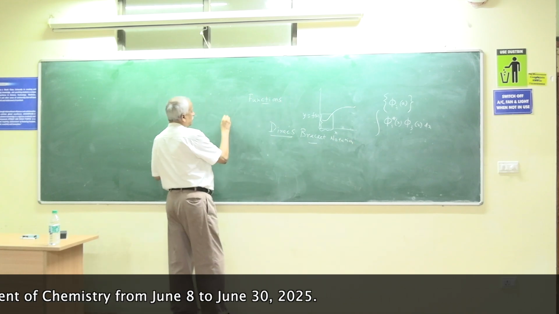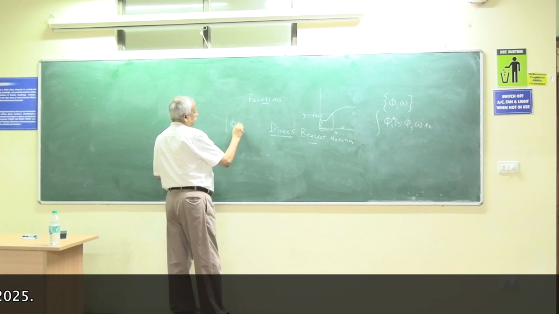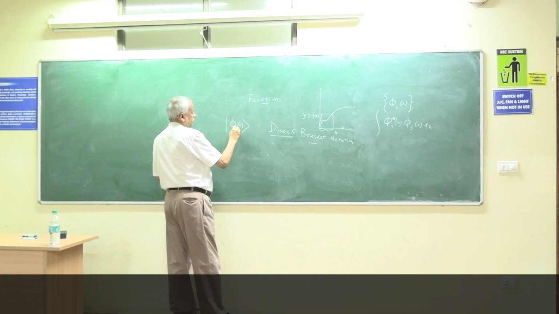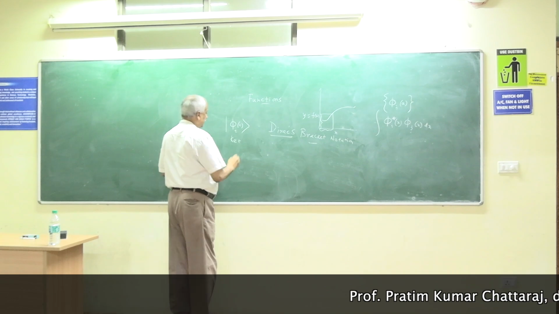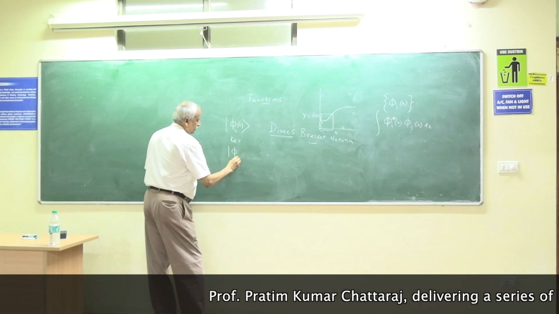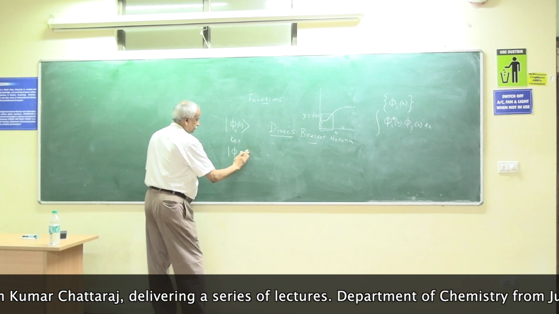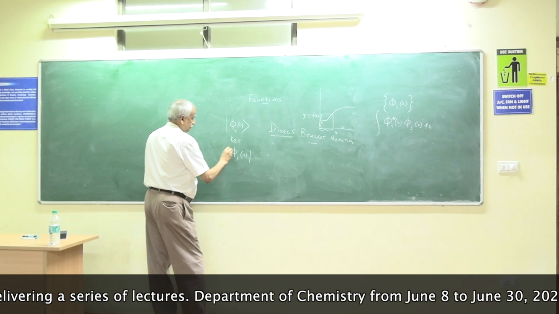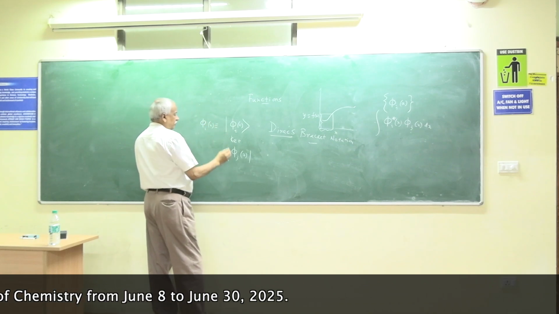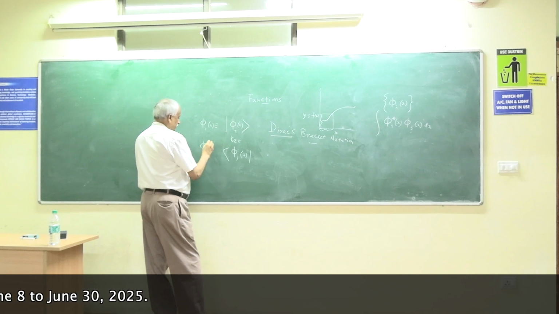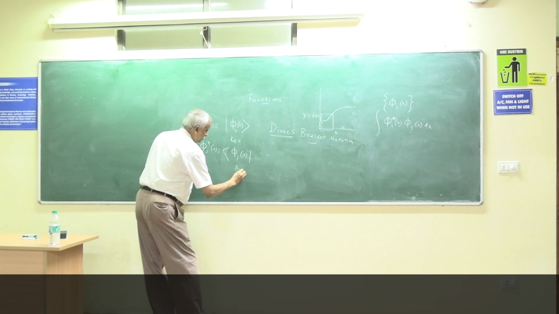Any function phi_i(x) is written in the ket form, and the complex conjugate, let's say phi_j star(x), is written in what is called the bra form.